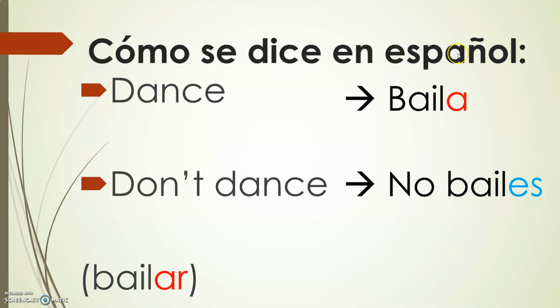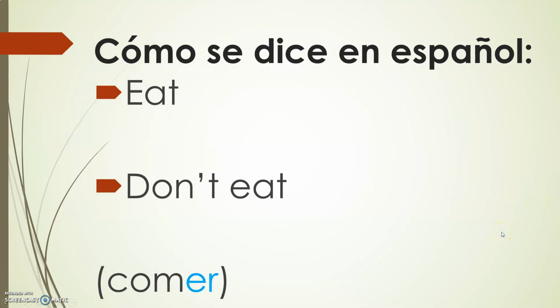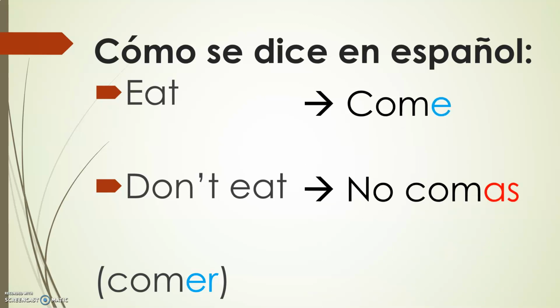You can see that the A in baila turns into an ES in the don't form, no bailes. How about another? ¿Cómo se dice en español eat and don't eat? The verb is comer. That's right. Eat is come and don't eat is no comas.